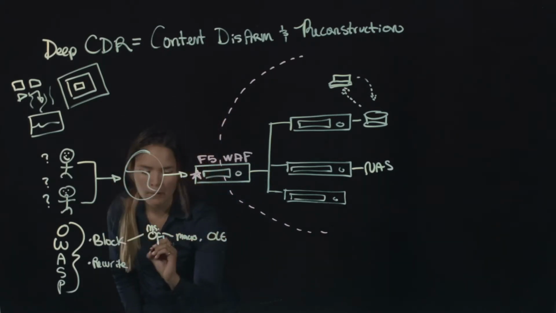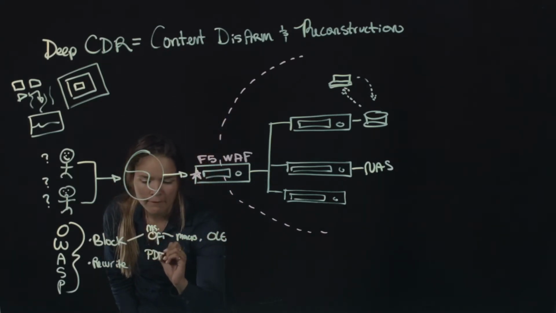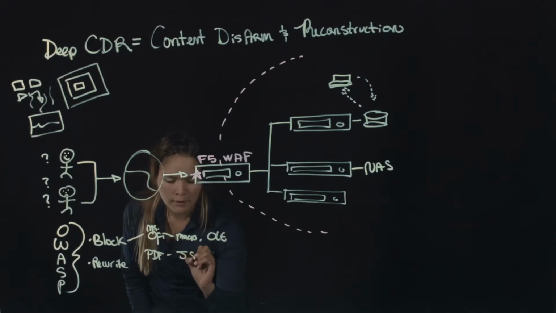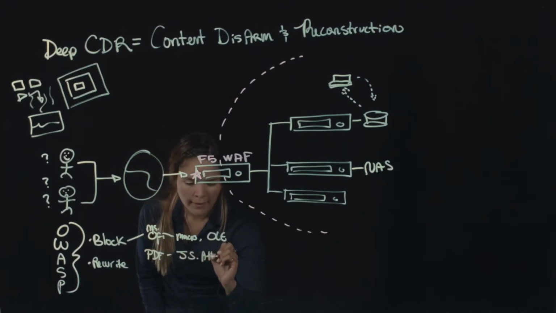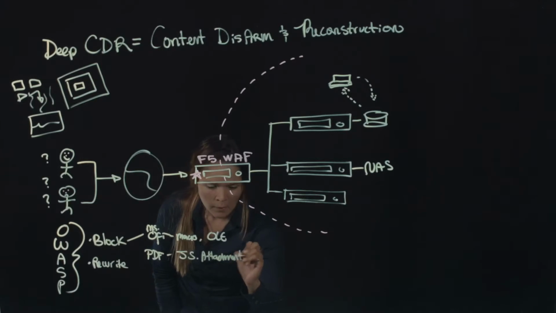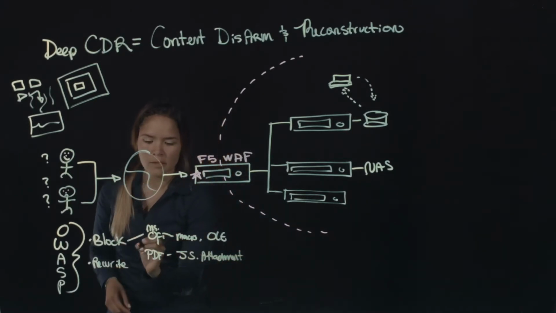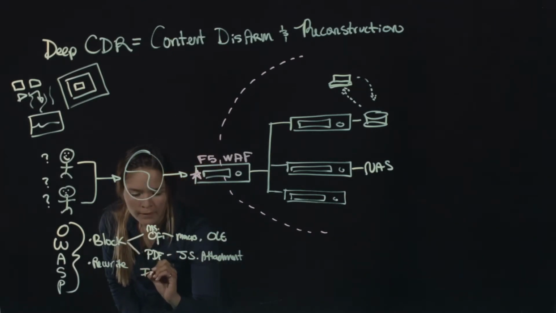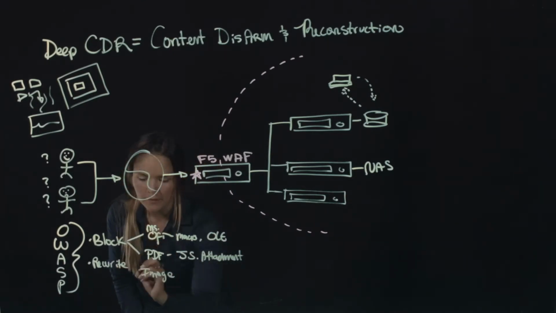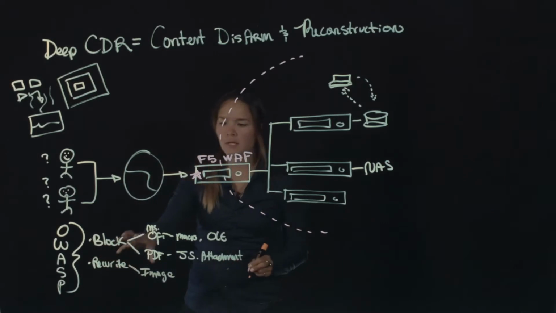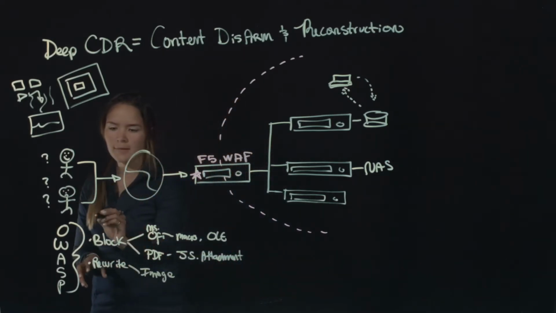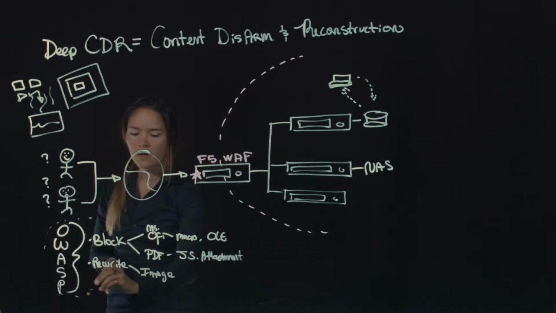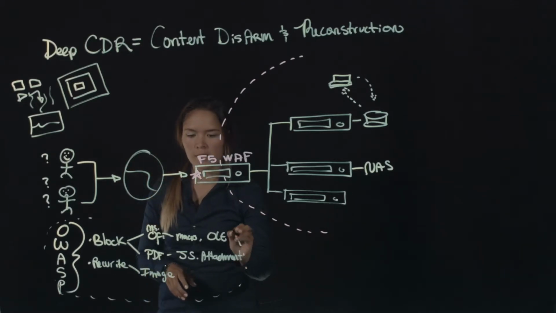And for example, if you have a PDF with JavaScript or any kind of attachment, they also suggest that you go ahead and block these. Now, when it comes to image files, that's when they suggest that you use the rewrite approach. And this right here is the entirety of the OWASP recommendation.